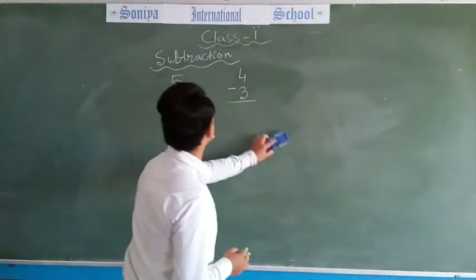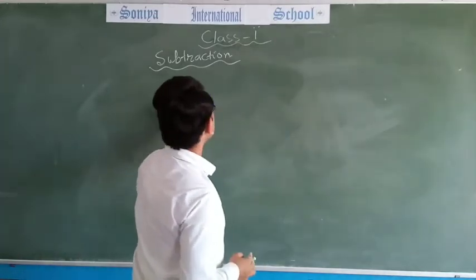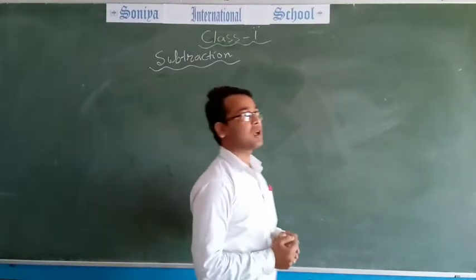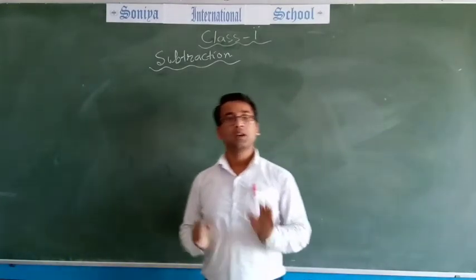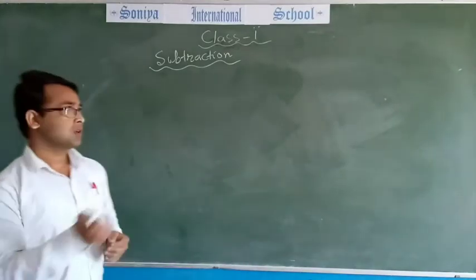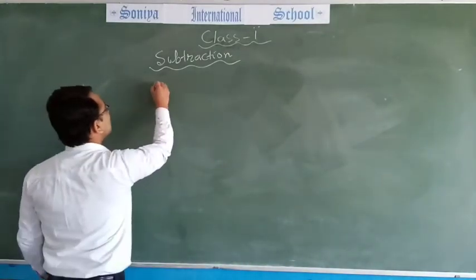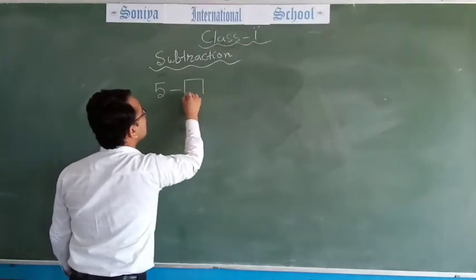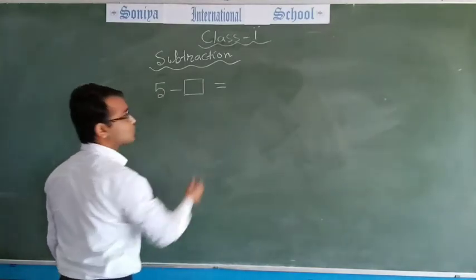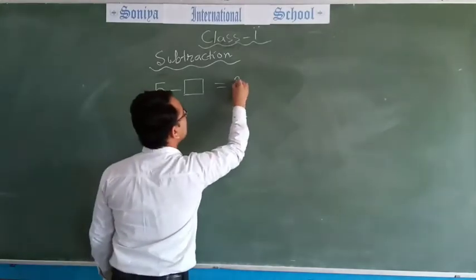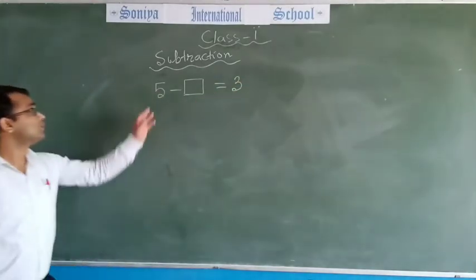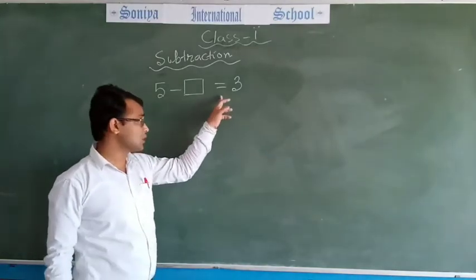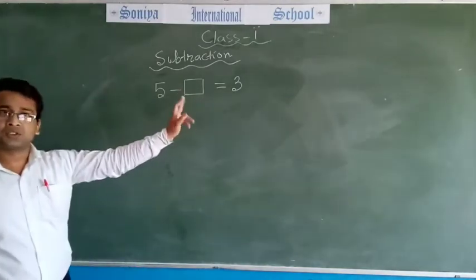Now I will teach you missing character. Let's watch. 5 minus box is equal to 3. 5 minus blank or box is equal to 3.